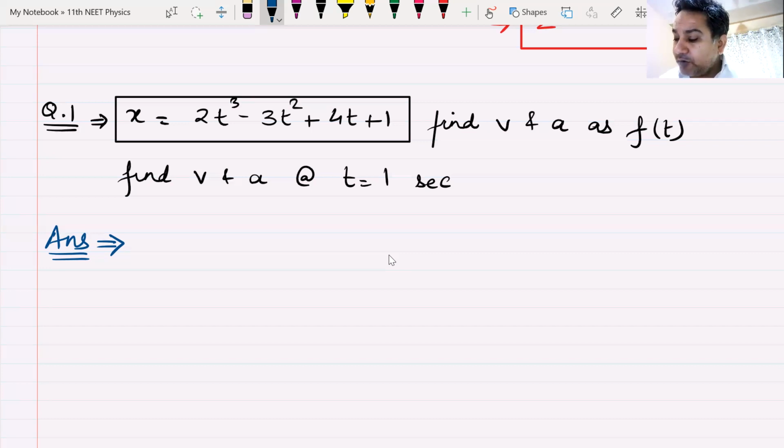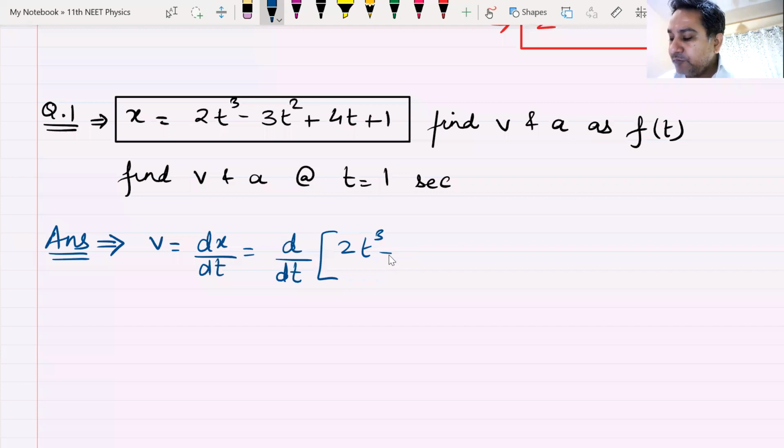Okay, so how do we go about this? I write velocity as the derivative of x by t, dx by dt. That means I have to calculate the derivative of this entire thing, 2t cube minus 3t square plus 4t plus 1.